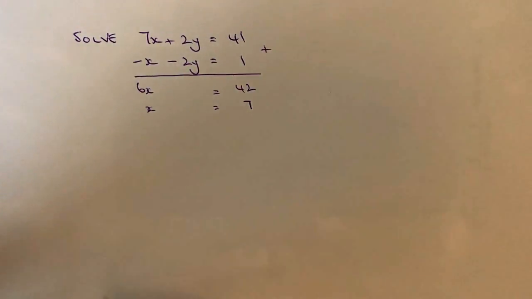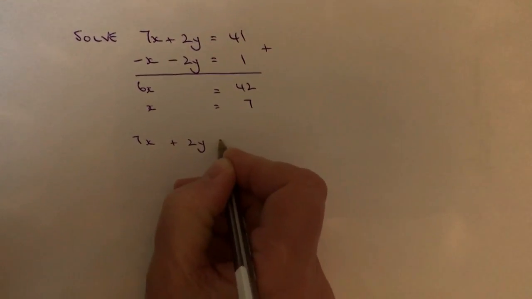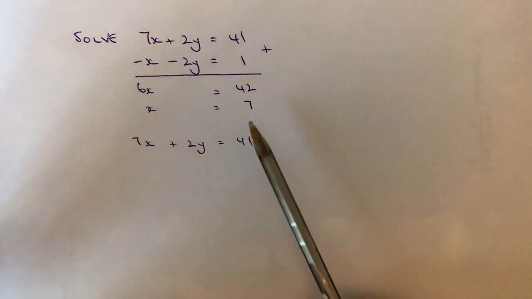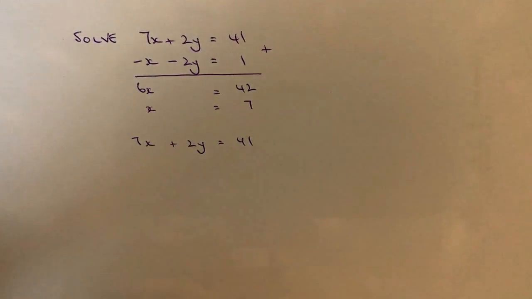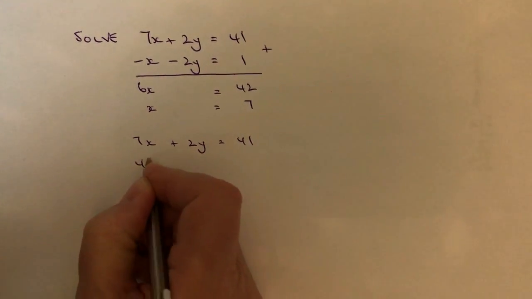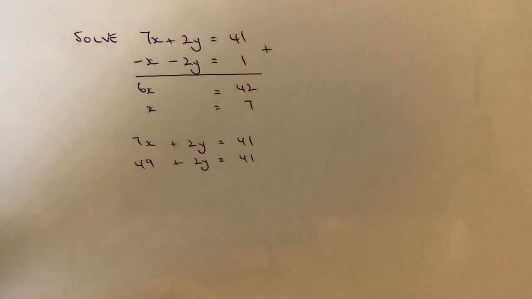So rather than writing 7x plus 2y equals 41, I'm going to substitute: I'm going to take this value of 7 and put it into this x here. So rather than writing 7x, I'm going to write 7 times 7, which is 49. So I get 49 plus 2y equals 41.